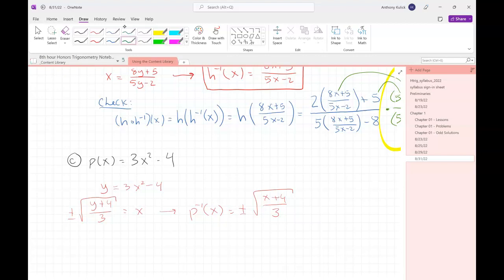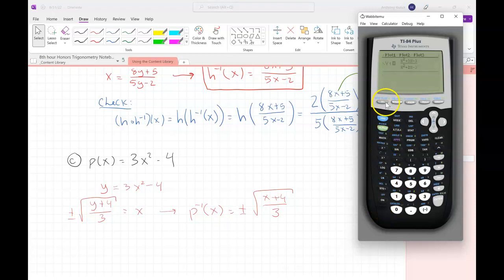What we did there, we did something called restricting the domain. So if I look at the graph of 3x squared minus 4, that's a parabola. And the problem is I have all of these repeated y values in it, right? So I'm going to just pick to restrict my domain so that I'm only using 1/2 of my parabola. Doesn't matter which half I want to restrict it to.